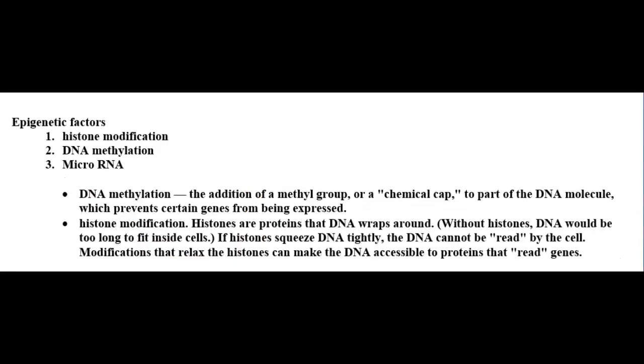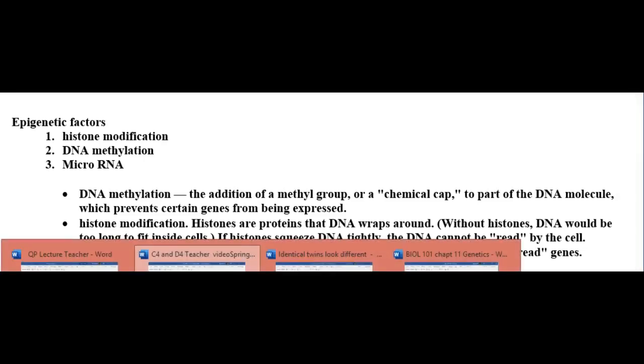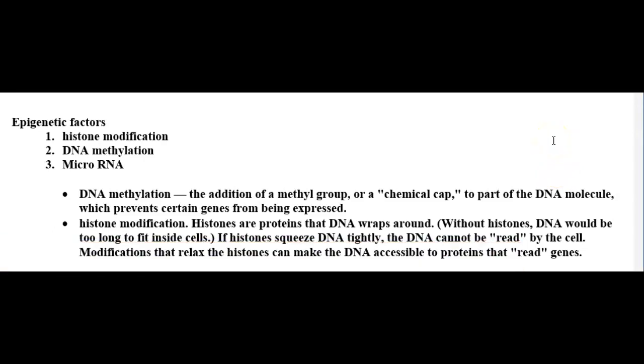Some things that can affect the expression of our DNA are what we call epigenetic factors: histone modification, DNA methylation, and microRNA. DNA methylation is the addition of a methyl group, or a chemical cap, to part of the DNA molecule.